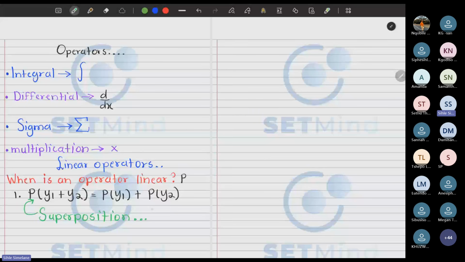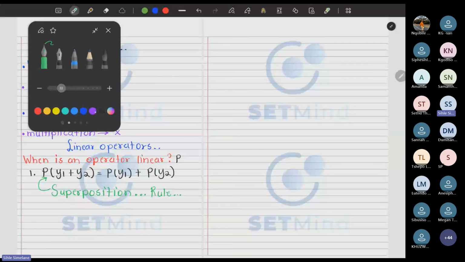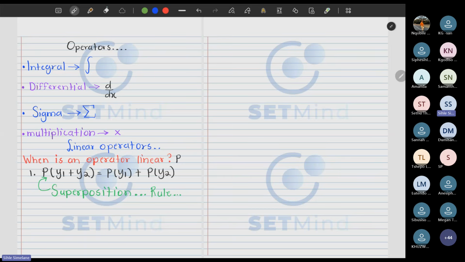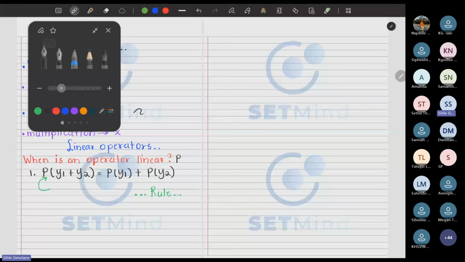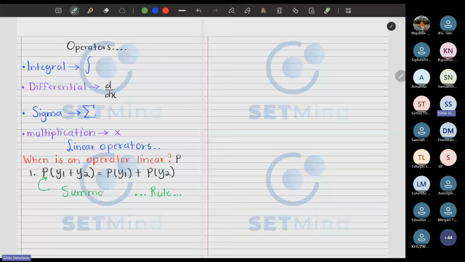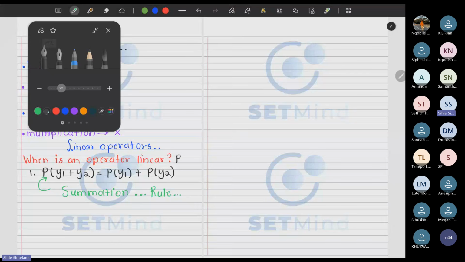Then secondly, it must satisfy both of them. When is an operator linear? It must satisfy, in fact, this is not superposition. This here, let's call it the summation. Superposition is when we combine both of them. So summation rule. Yeah, that is more correct.